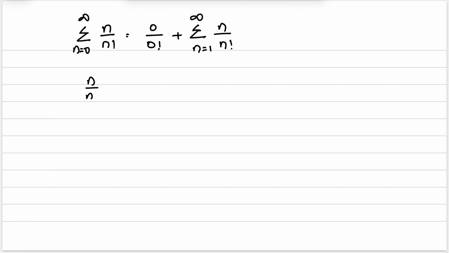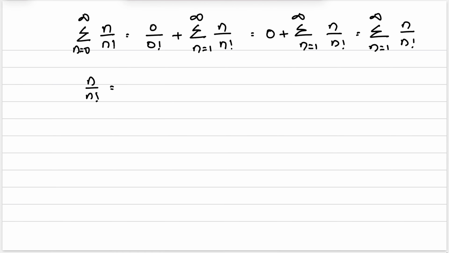This is equal to 0 plus sigma n is equal to 1 to infinity n by factorial n.